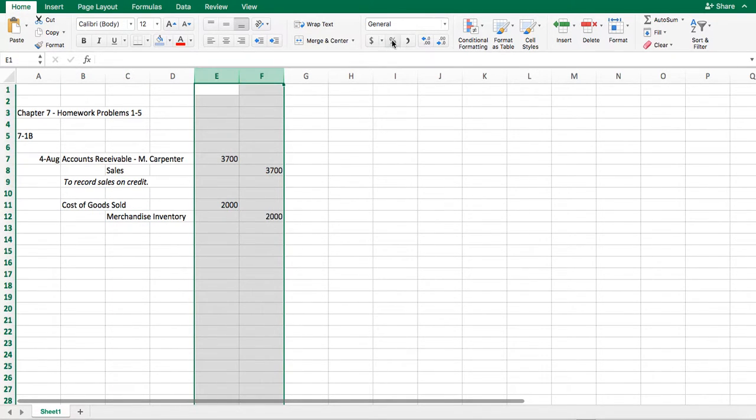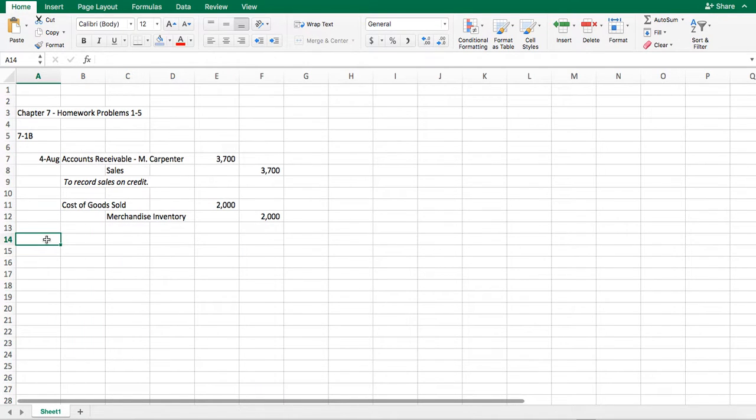And we'll go ahead and format this. Okay, the next transaction happened on August 10th. On August 10th, we sold $5,200 of merchandise that had a cost of $2,800 to customers who used their Commerce Bank credit card. They told us up in the problem that when someone uses a credit card, there's a 3% service charge on sales. Because of that, we only received cash of $5,044.